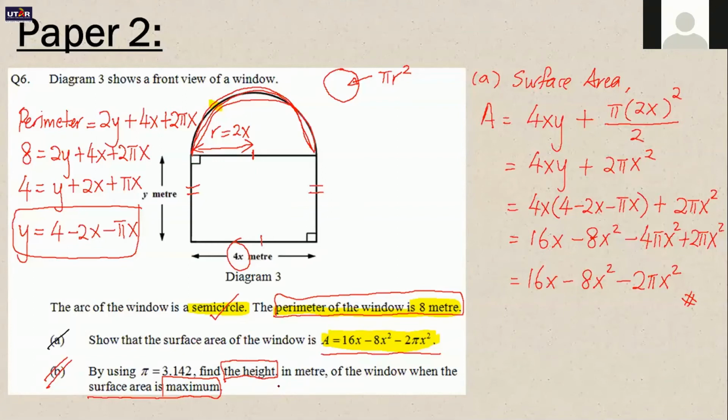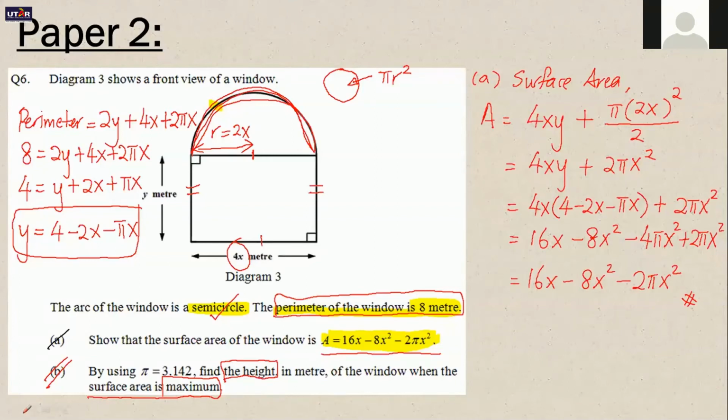How to make sure the surface area is maximum? You have to make sure that dA over dx is equal to 0. And in order to get a maximum, the second derivative must be less than 0, a negative value.